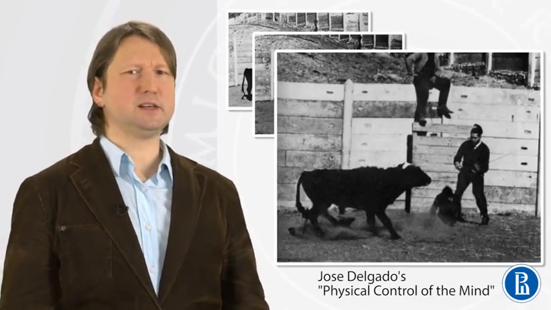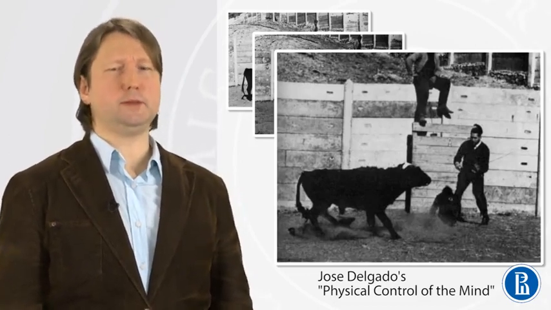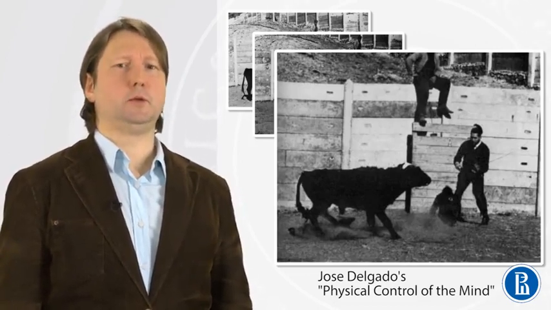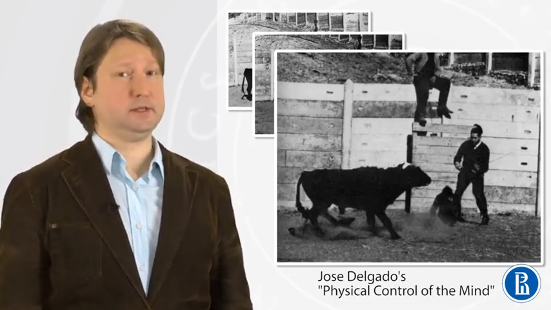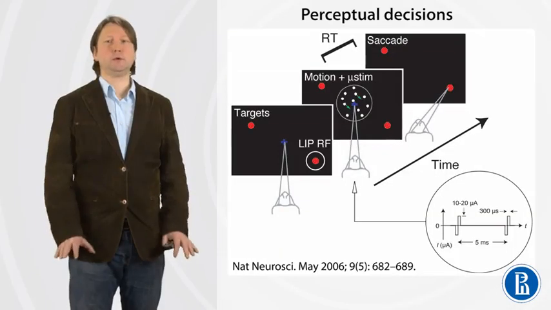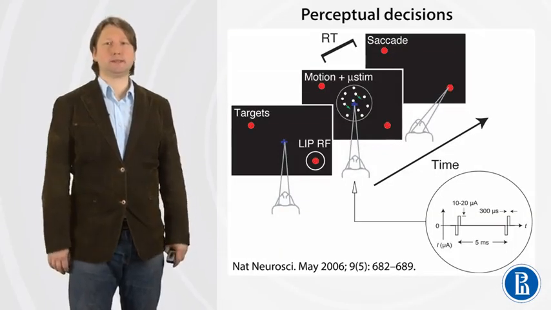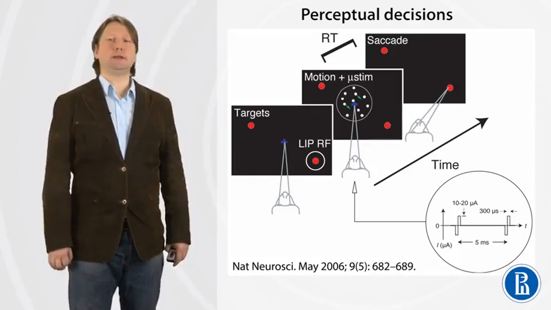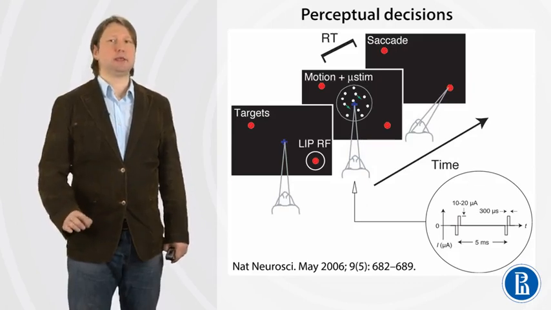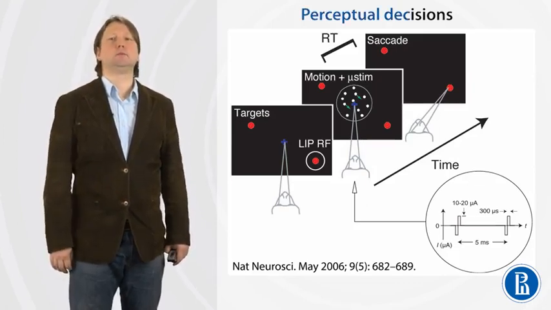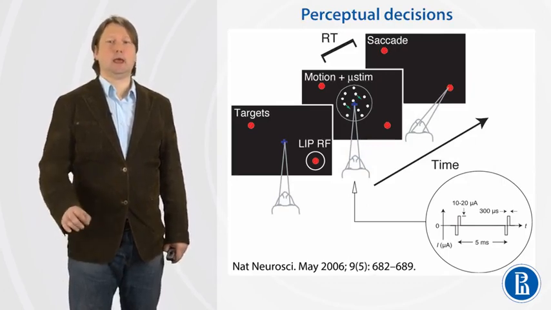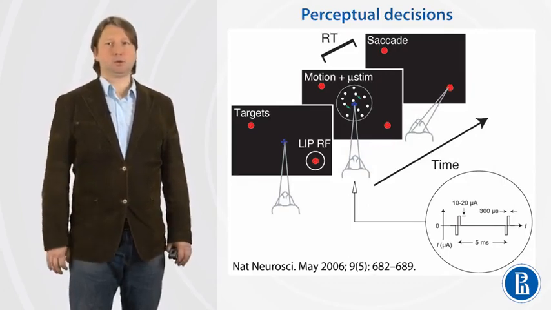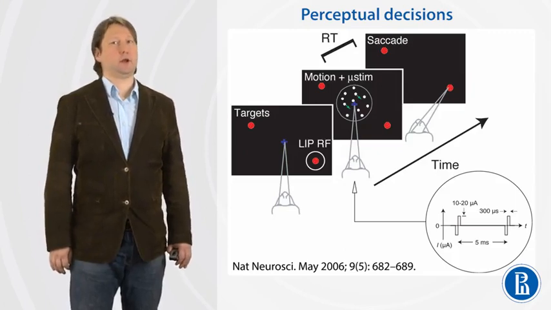So already many years ago, we could modulate the behavior of animals, and we could actually affect some decisions of animals. During this course, we will see examples of how electrical stimulation modulates decisions. We will discuss, for example, a very simple decision-making task, so-called perceptual decisions. In this case, a monkey has to switch gaze left or right.